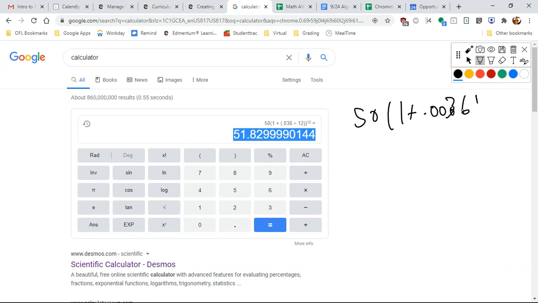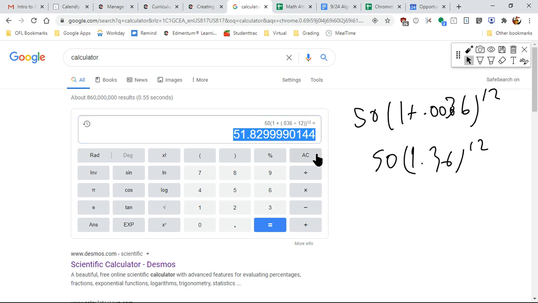So that's how much she gets paid a month, and it's going to be over 12 months. So their formula was a lot easier than mine, but I'll show you that this is the same thing right now. 50, parentheses, 1.0036. Oh my gosh. Hit this little exponent, the 12th power.